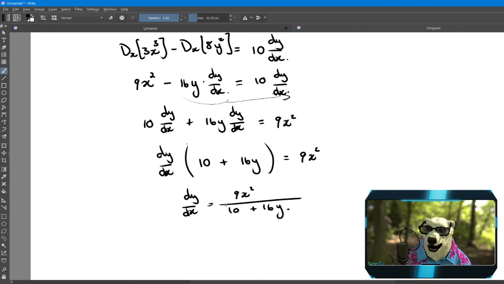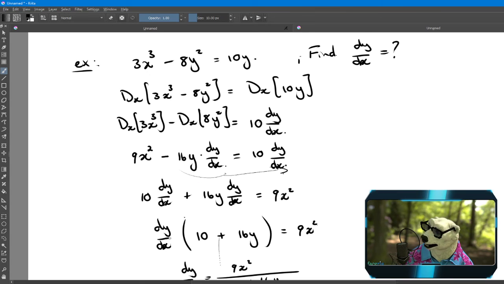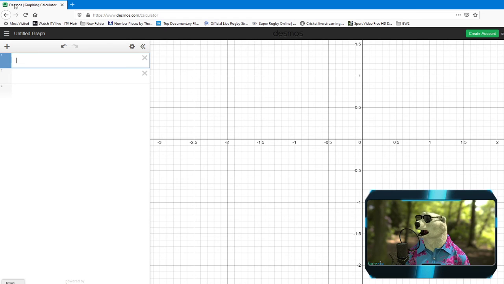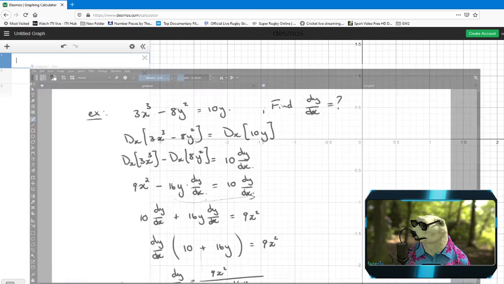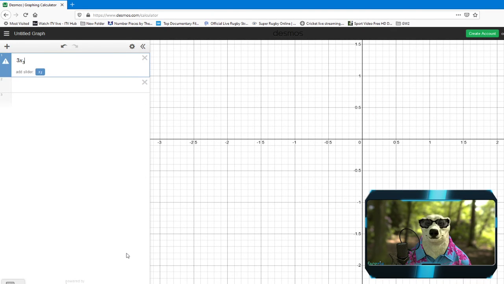Let's try and visualize what's happening here. Let's go back to my function here. I have a tool to graph these more complicated ones for me as well. The Desmos graphing calculator. Now I have to remember, 3x cubed. So I'll type in 3x cubed. That way, cubed.